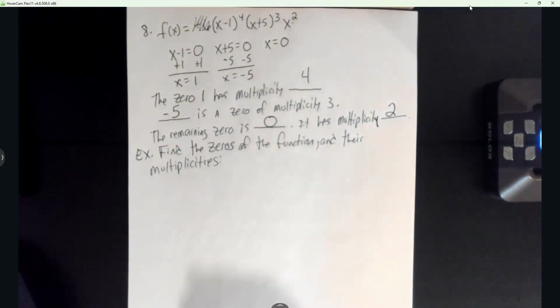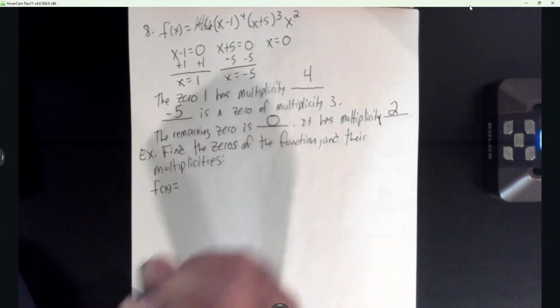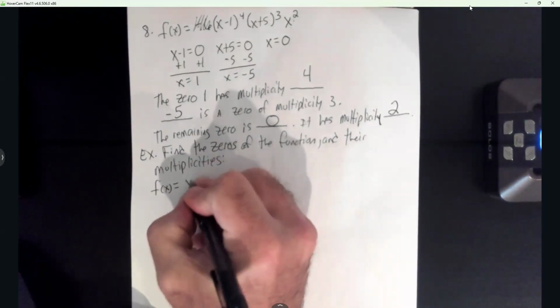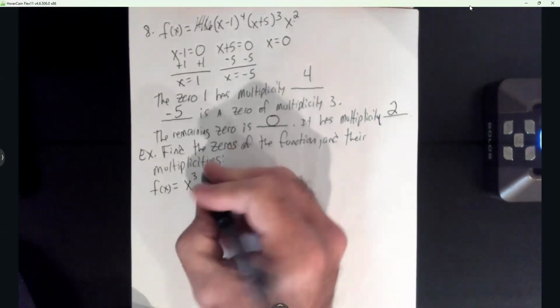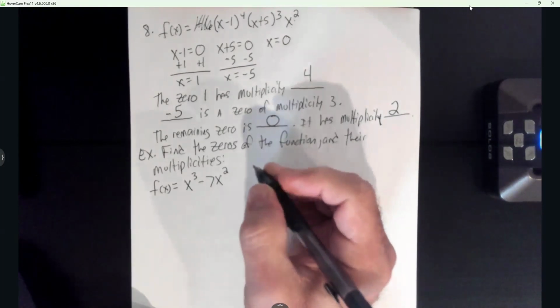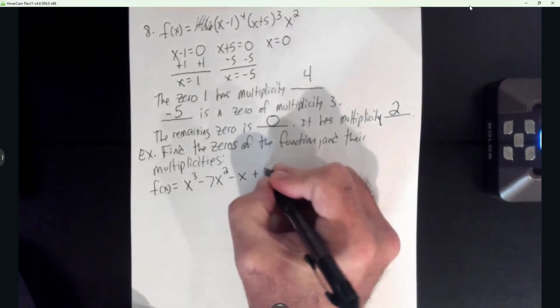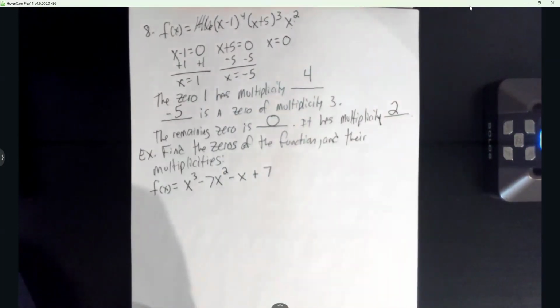All right, now, y'all, let's see. This one's giving me f of x equals x cubed minus 7x squared minus a x plus 7.